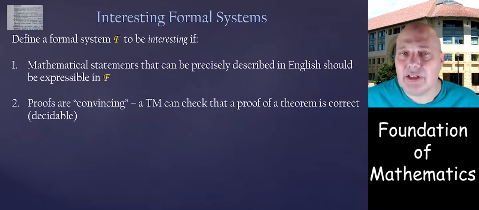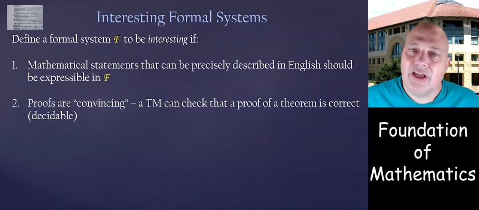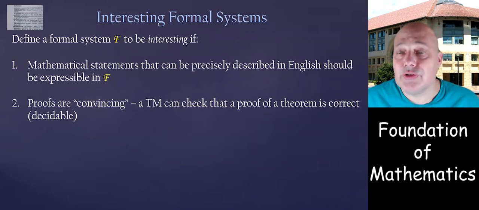Another thing is that we want proofs to be convincing. So we want a way to verify that the proof is correct. Otherwise, it's very easy to have a formal system where the proof will just say, yes, it's correct, but we cannot necessarily verify it.